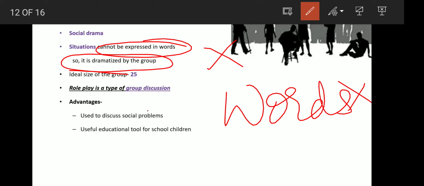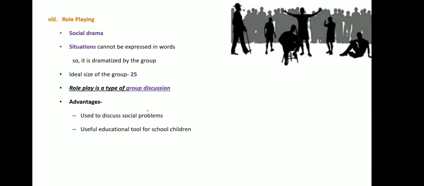Role playing is a very useful technique in providing the discussion of the problems of human relationships. So, to solve the problems of human relationships, we can do role playing, like regarding female feticide in rural areas. A role play can be done, showing how the mother feels and what the infant, the baby, the fetus goes through.